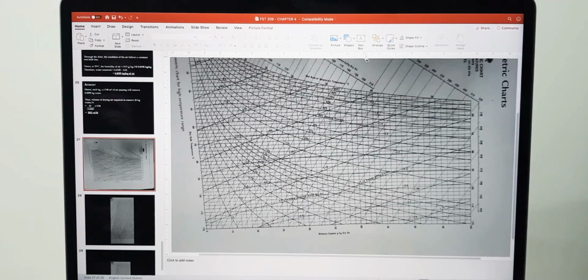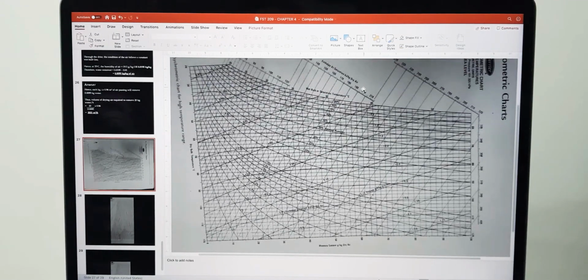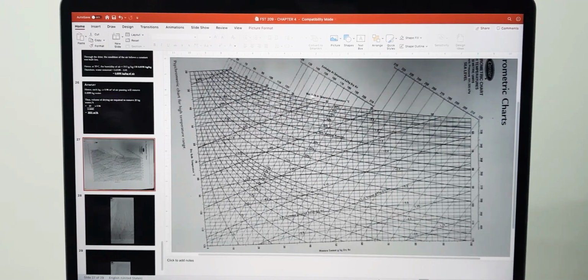Alright, and then at the top part over here, this one is wet bulb or saturation temperature. Wet bulb temperature, do you get it? You can see that the value is 35, then you have 40, then 45 and 50.